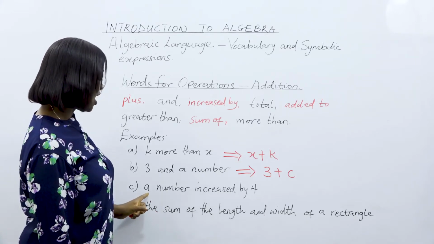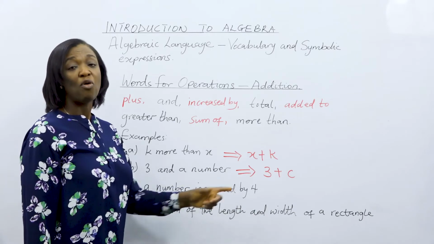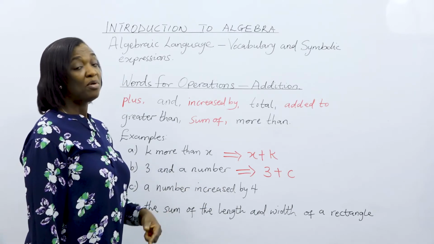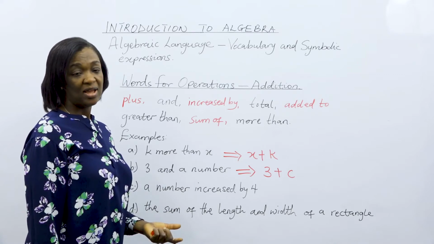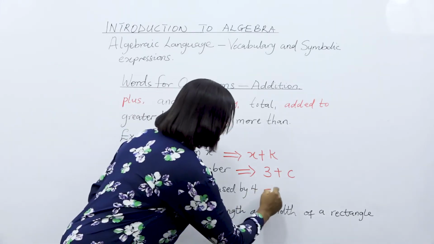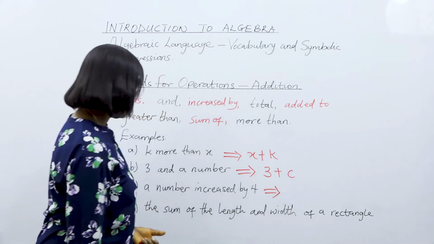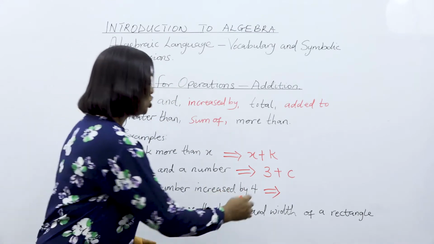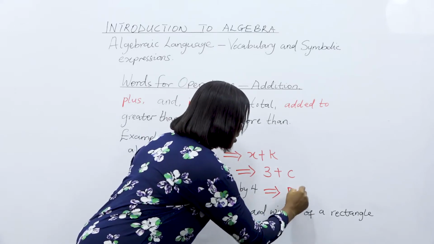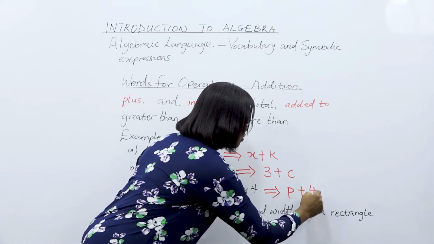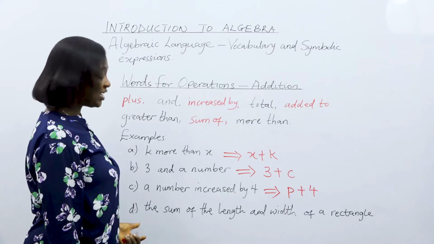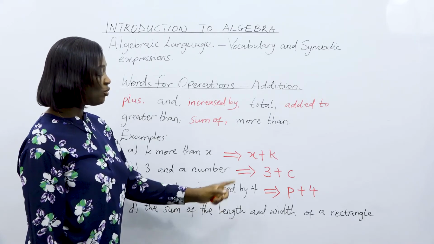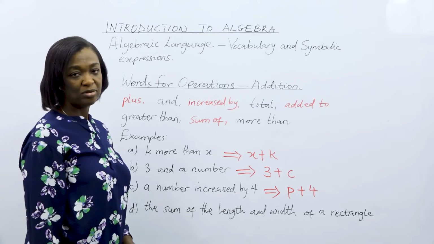Next, a number increased by 4. Let the number be P. P is a number and is increased by 4. So it will be P plus 4.